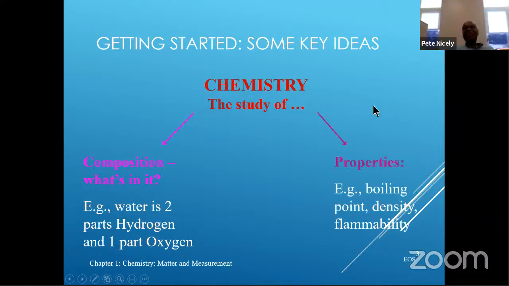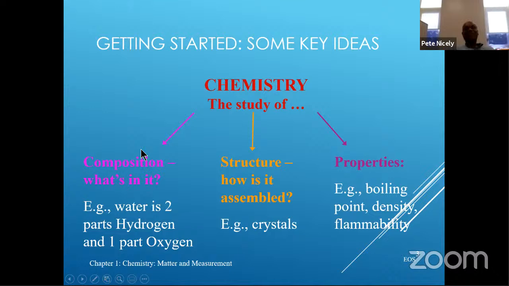In chemistry, we are concerned with, firstly, the composition, in other words, the makeup of a substance. For example, water is 2 parts hydrogen and 1 part oxygen; at the microscopic level, the water molecule contains 2 hydrogen atoms and 1 oxygen atom. That's one thing we're concerned with when it comes to understanding materials and matter. The other thing we're concerned with in chemistry is the structure.